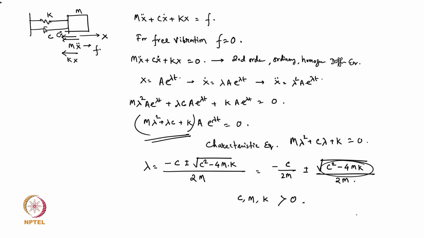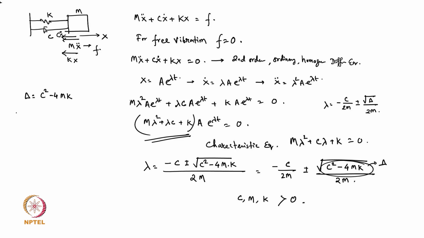So for this portion, I say this is the delta, and I am writing again that lambda equals minus c by 2m plus or minus root over of delta by 2m. That delta, which is equal to c square minus 4mk, has a big role.